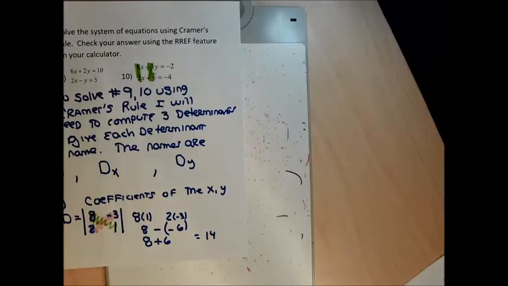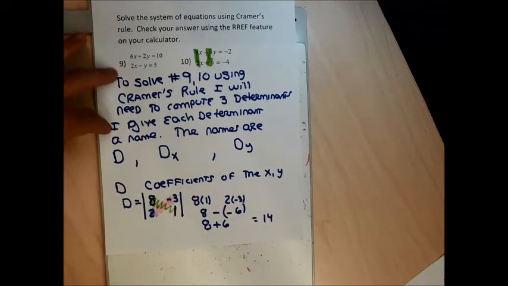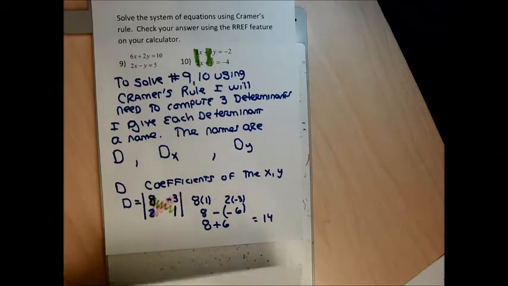So using Cramer's rule, I need to compute 3 determinants. The first one, D, is the coefficients of the x's and y's.